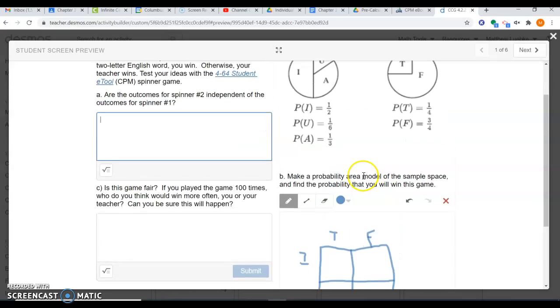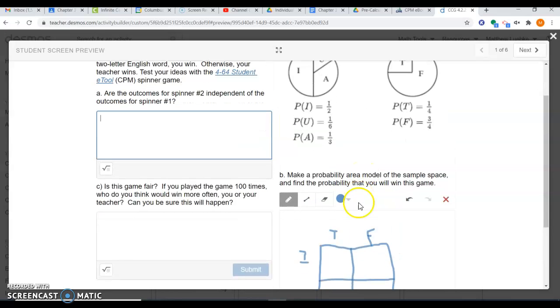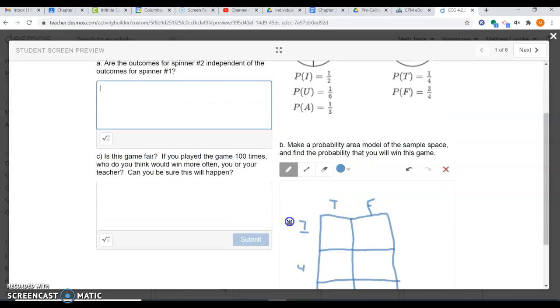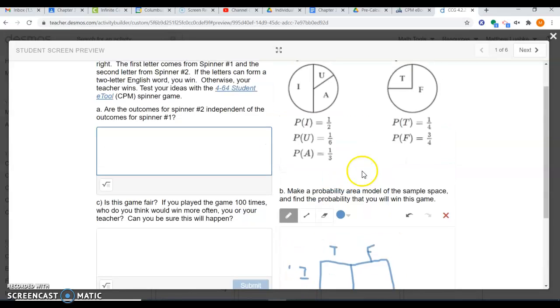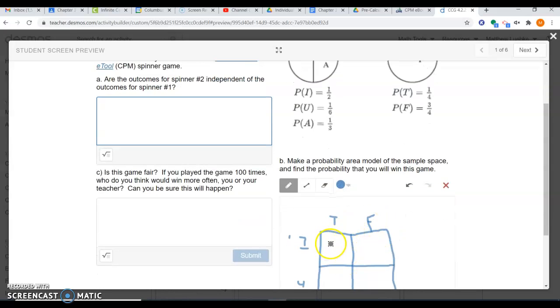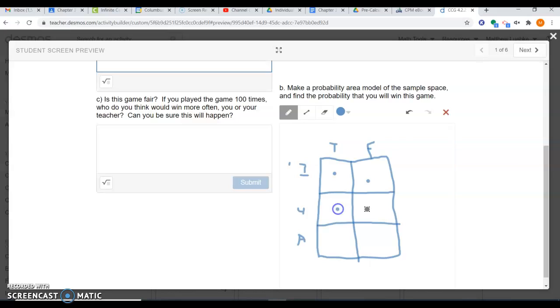And then just like we did on Monday and Tuesday, I has a 1/2 probability, U has a 1/6, A has a 1/3, T has a 1/4, and F has a 3/4. So we're going to multiply to figure out what goes in each box, okay? And then we need to find the probability that you, the student, win the game.